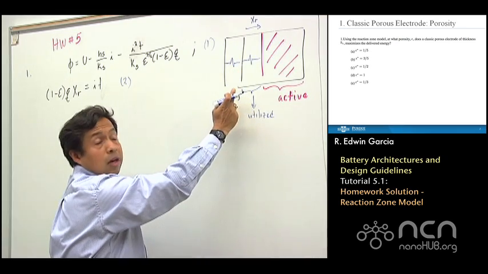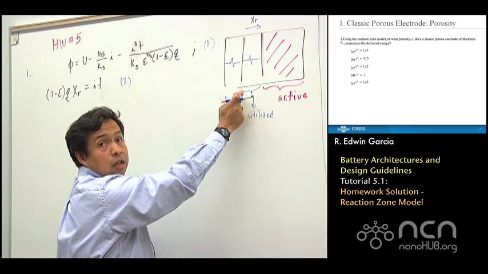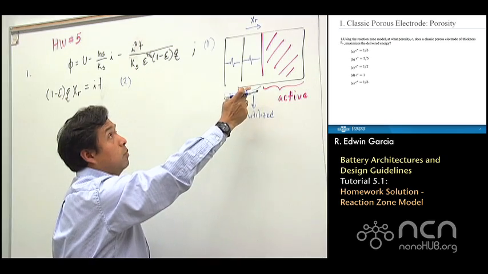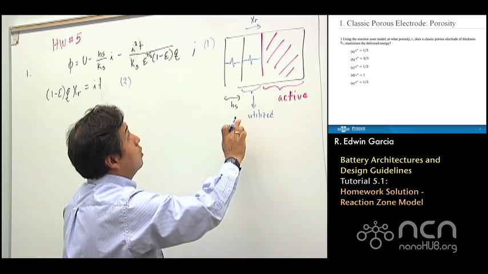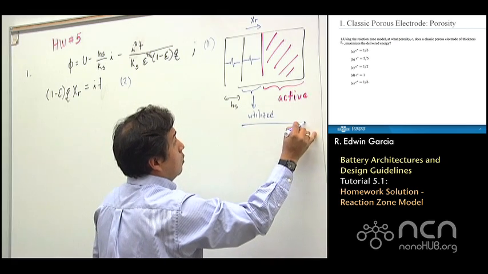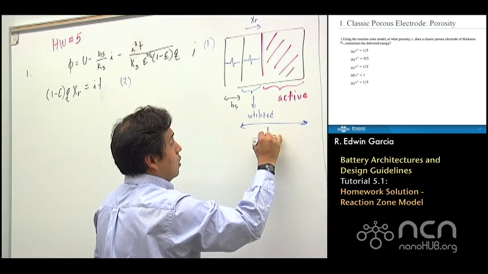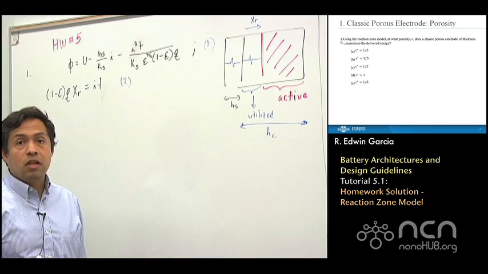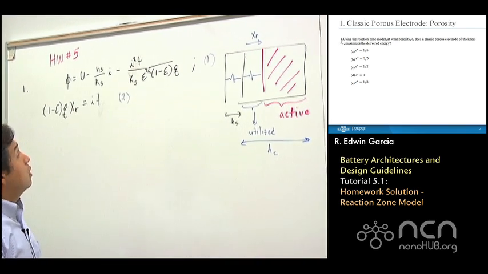That distance from the edge of the electrode to where we have actually penetrated in the system. And the whole electrode has a thickness H sub C, which is what the statement of the problem says.